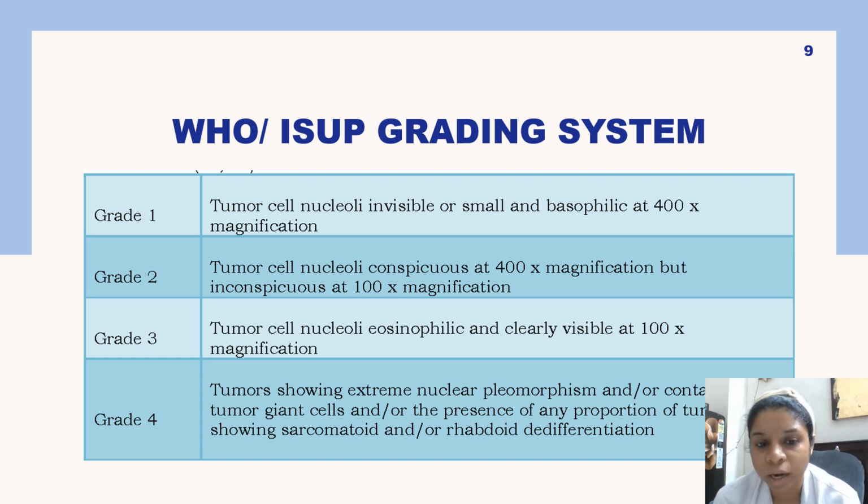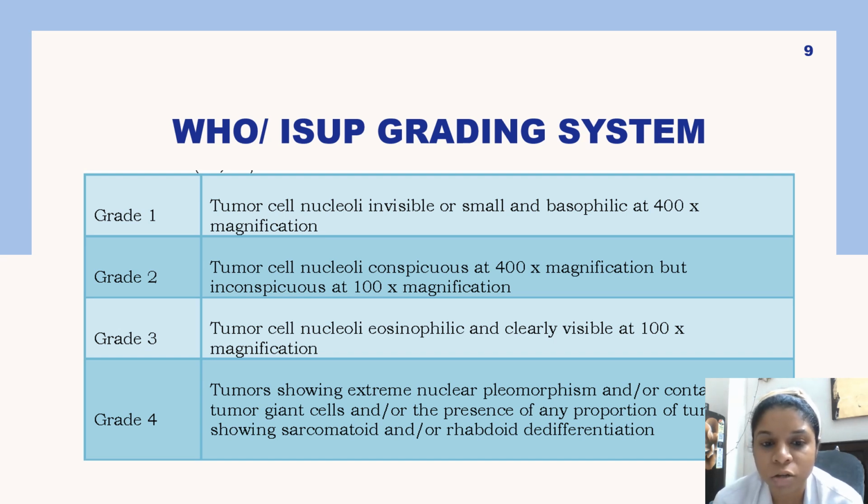Grade 2 is when the nucleoli are conspicuous at 400x magnification, that is 40 into 10, which means high power magnification, but inconspicuous at low power, that is 100x magnification. When you go to high power, only then the nucleoli is visible. In grade 1, even in high power, the nucleoli are invisible, or very small and basophilic.